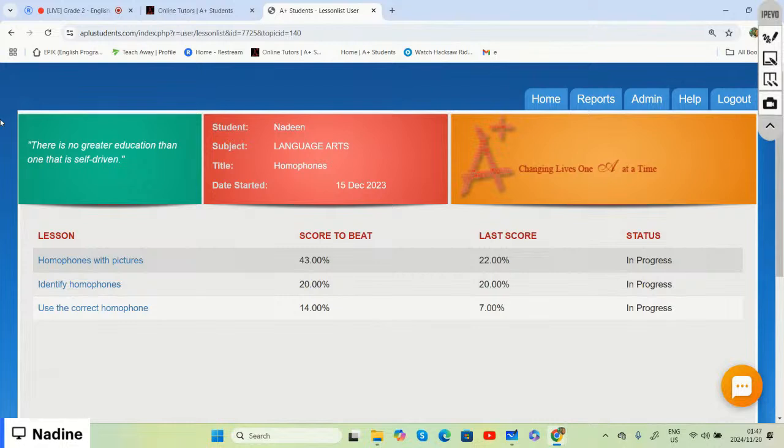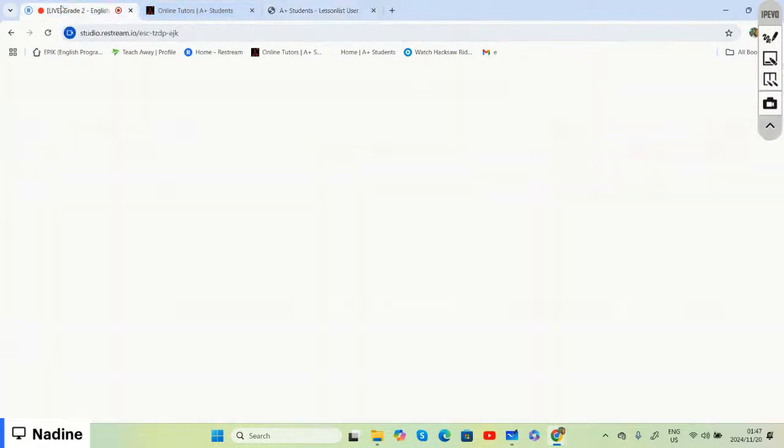And once again, an example before we end off our lesson on homophones: sees, SEES, is like where you see things. Sea, SEA, is to do with the ocean and the beach, right? The sea.